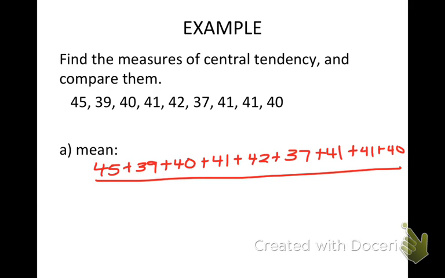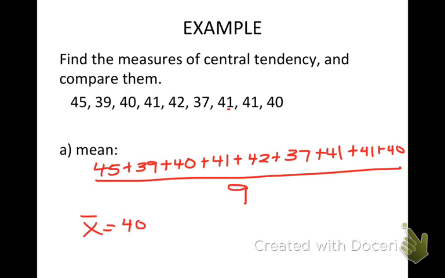How many do we have? 1, 2, 3, 4, 5, 6, 7, 8, 9. What are you guys getting? 40.67?